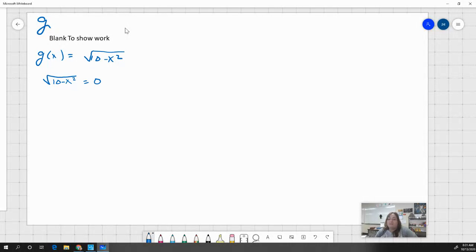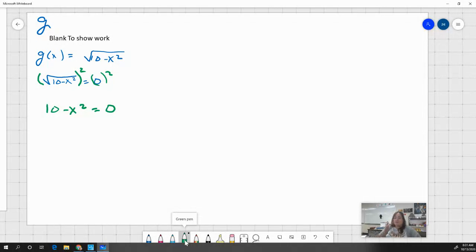I set that equal to 0. The first thing I have to do, I've got this under a square root. The way to get rid of that square root would be to square both sides. Let's change colors so you can see I'm doing something different. If I square this side and I square this side, I get whatever's underneath here. I get 10 minus x squared equals 0 squared, which is just 0.